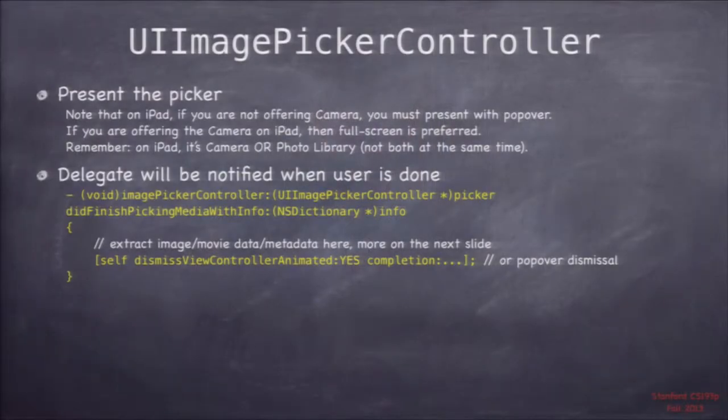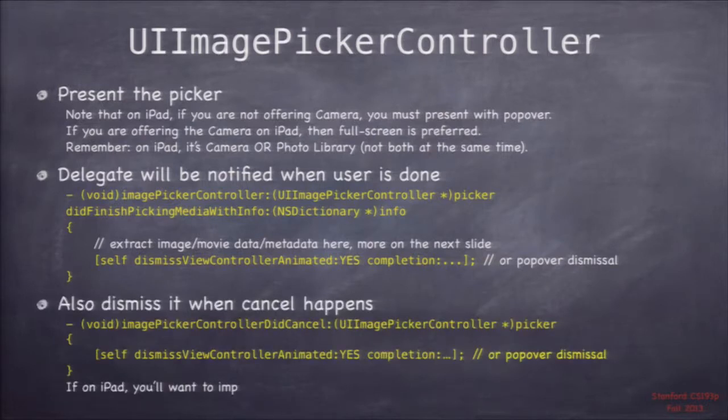After the user has chosen a photo using the camera or from their photo library, you're going to get this delegate method, imagePickerController:didFinishPickingMediaWithInfo:. You are then going to dismiss that view controller. You have to manually dismiss it right here. But before you dismiss it, you're going to look into that info dictionary that was just passed and get the information about what picture they took.